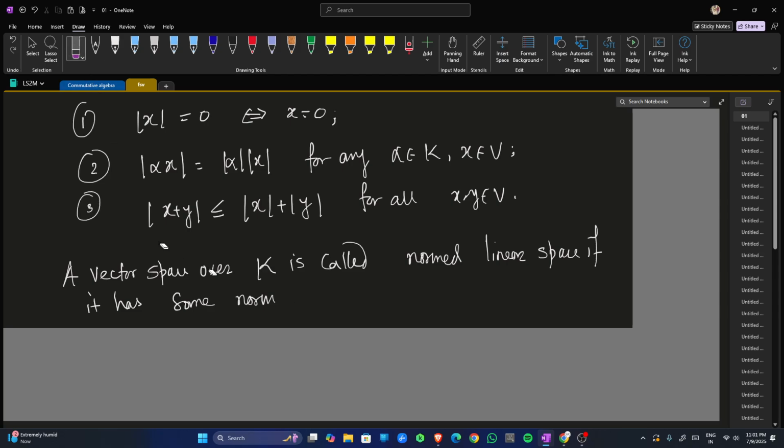Let's write: a vector space V over K is called a normed linear space if there is a norm on V.